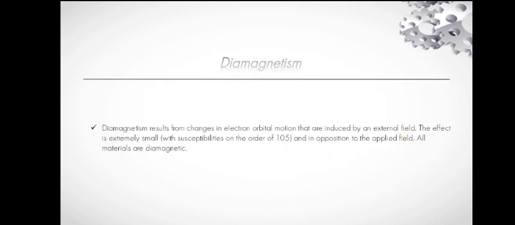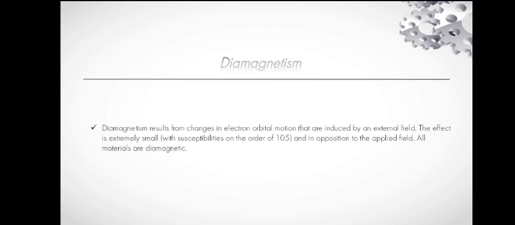So next is diamagnetism. Diamagnetism results from changes in electron orbital motion that are induced by an external field. The effect is extremely small, with susceptibilities on the order of 10^-5 and in opposition to the applied field.